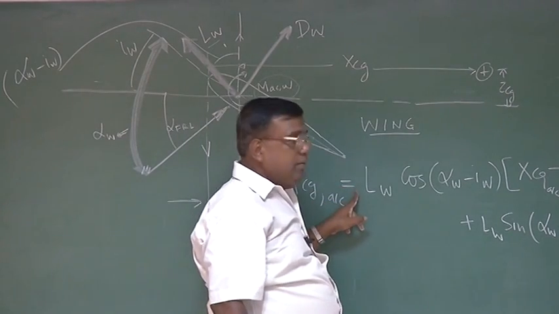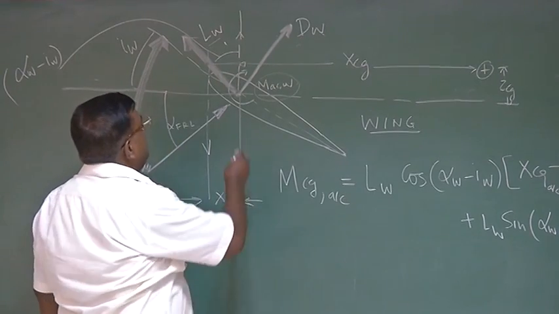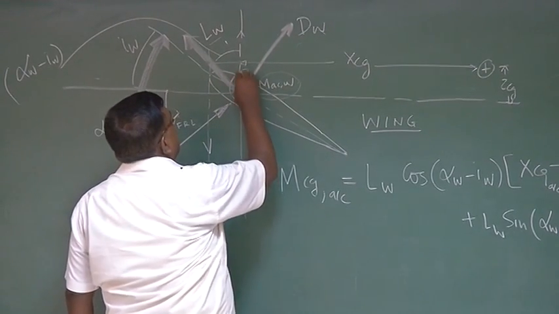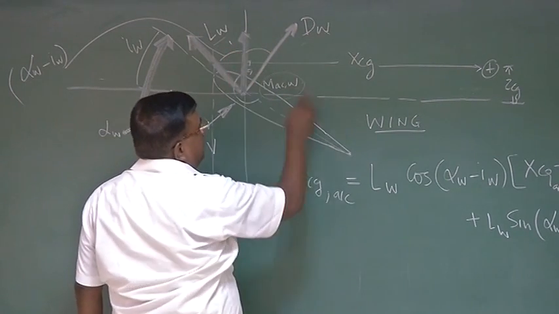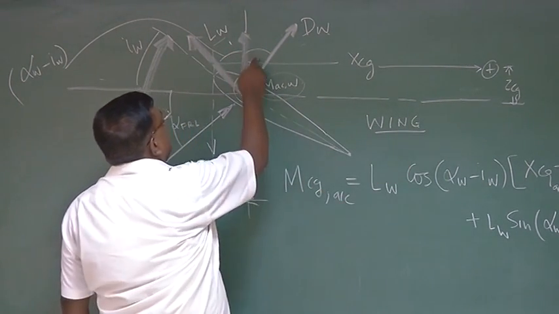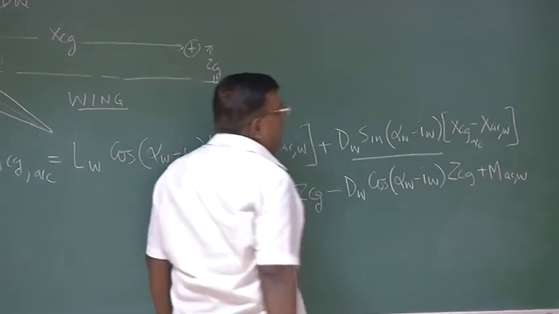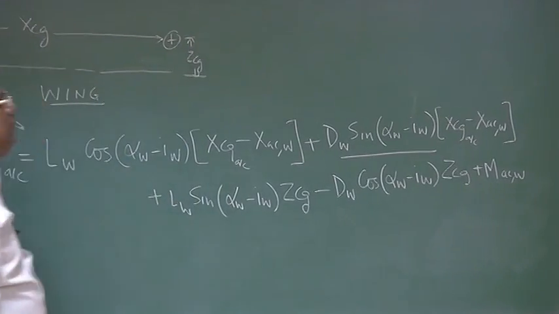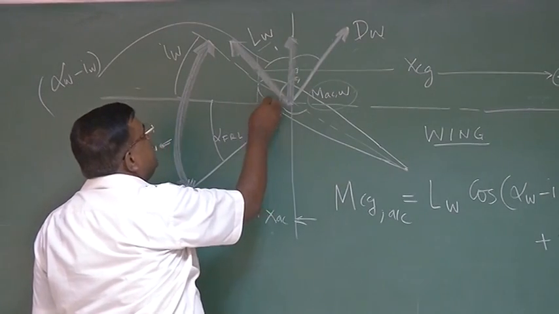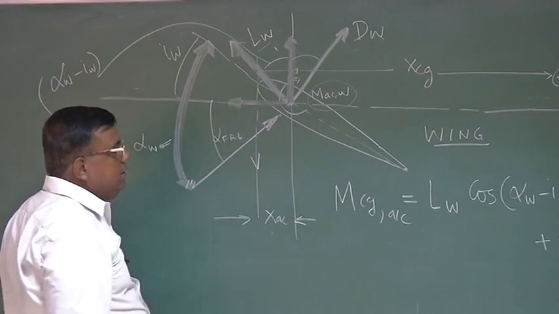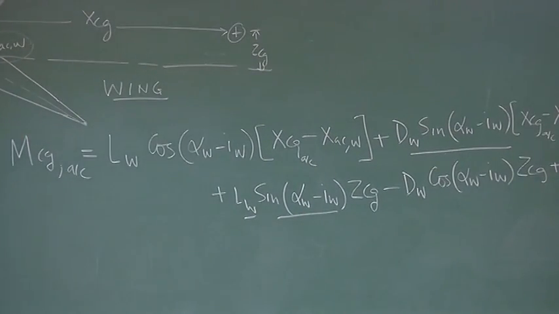So this is positive. Second, you could see for drag. Drag also has two components. The vertical component, if you see here, will be at 90 minus (alpha minus iW), so the cos will become sine. So we have DW sin(alpha W minus iW) into the same xCG of the aircraft minus xAC of the wing. Similarly, you could see that LW has a horizontal component, which is the sine component, here, LW sin(alpha W minus iW).